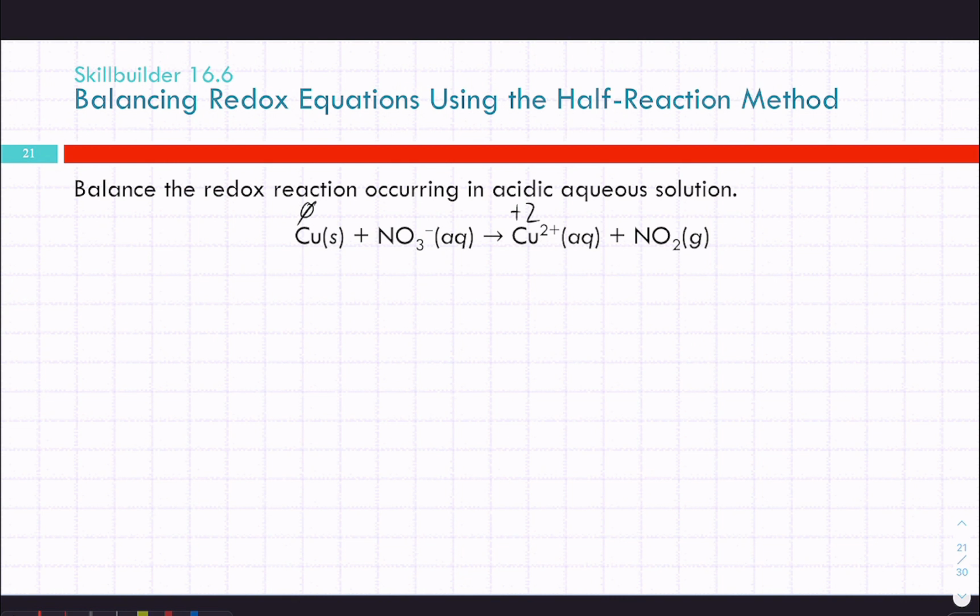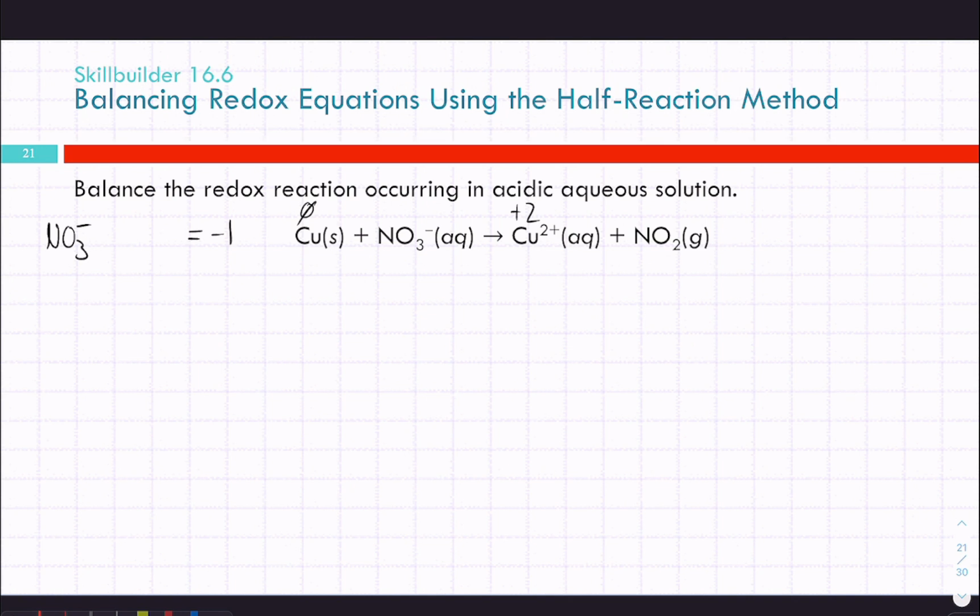Then for nitrate and nitrogen dioxide, we'll use oxygen to determine what the oxidation state on nitrogen is. You can do that if you want by writing out that equation. So this is NO3 minus. The overall charge has to be the same as the oxidation state.